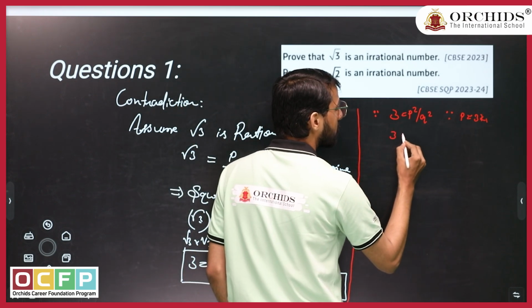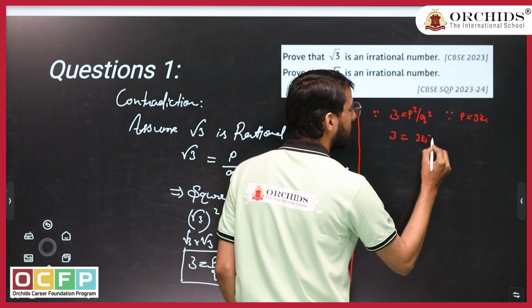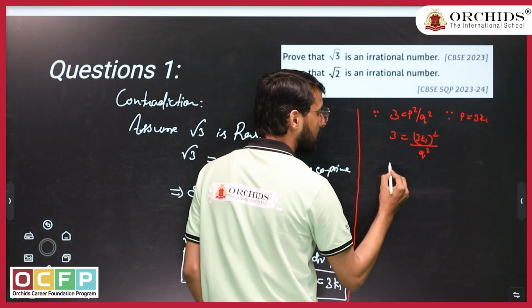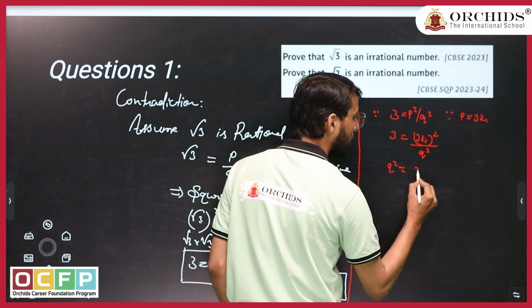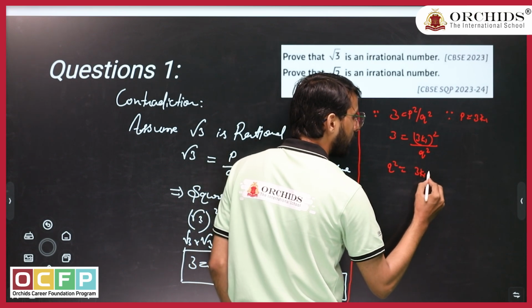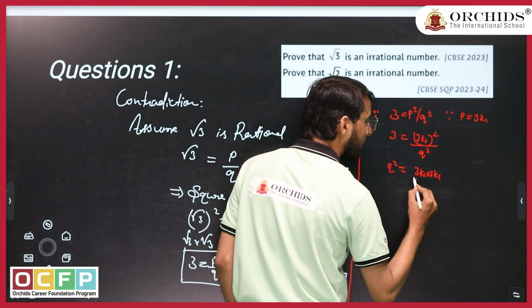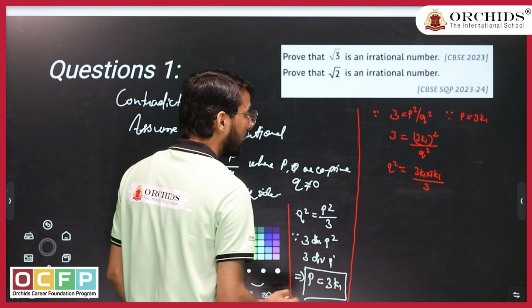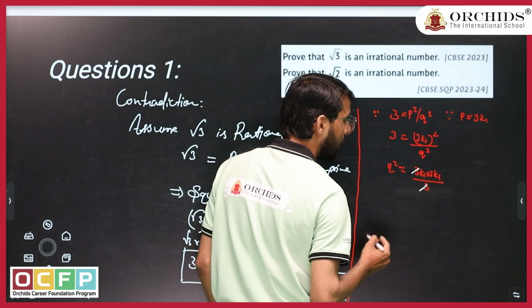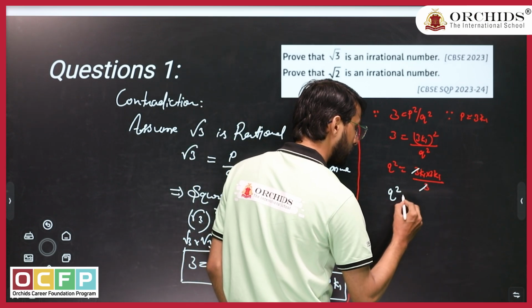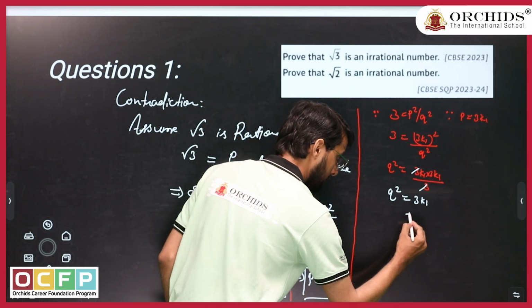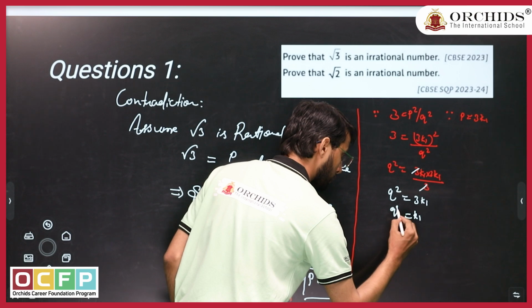So 3 equals (3k1) whole square by q square. Q square I am shifting to this side as cross multiplication. So I got 3k1 into 3k1 divided by 3. Now, can you see that 3 and 3 will get cancelled and we get q square equals 3k1. I can write this as k1 equals q square by 3.